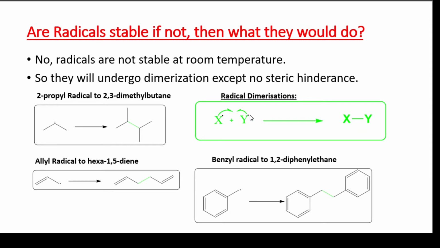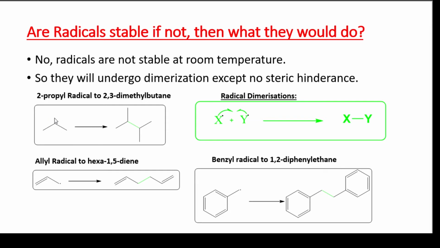Similarly, if only one type of compound is there, like X radical present in one solution, will it undergo dimerization or not? Yes, it will undergo dimerization, forming an XX bond. So similarly here, no extra radicals are there, only one type of radical.